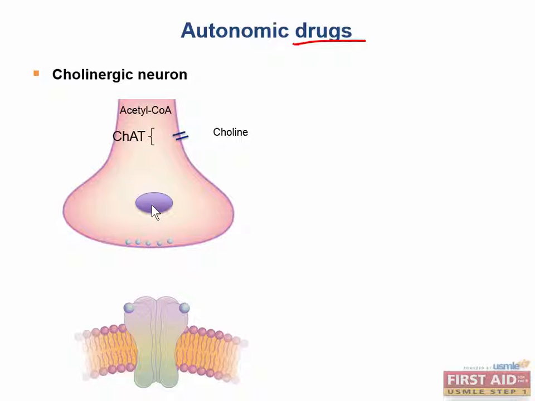So choline is going to be taken into the neuron from the extracellular space and combined with acetyl-CoA by choline acetyltransferase to produce acetylcholine. So a lot of things just happened there. Let's go ahead and do that again. Our acetyl-CoA and our choline are going to meet through our CHAT enzyme, or the enzyme called choline acetyltransferase, and that'll actually produce our acetylcholine.